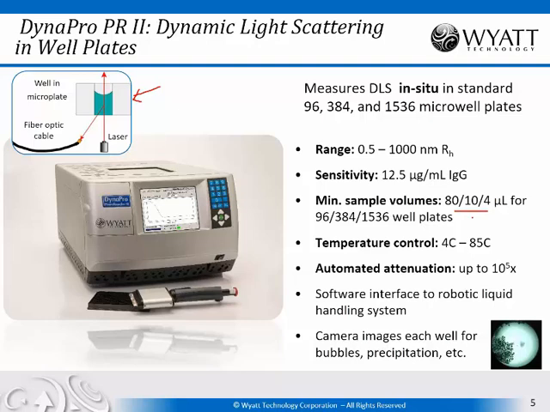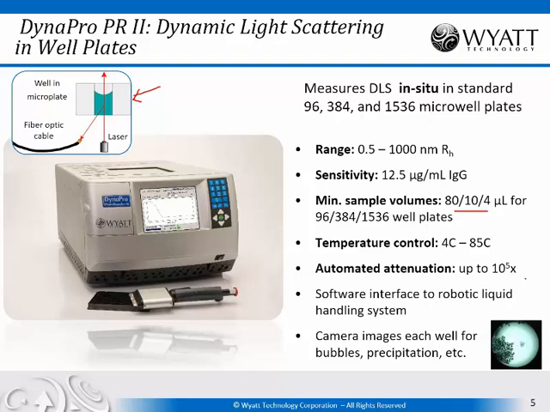The DynaPro offers temperature control, so it will do ramps from 4 degrees C up to 85 C, or you can do a ramp and hold and measure the rate of aggregation at a given temperature. It does offer automated attenuation, and the reason it does that is because when you go to one well, you might have a very clear solution which scatters very little light, and it needs to be at high gain in order to measure that effectively.